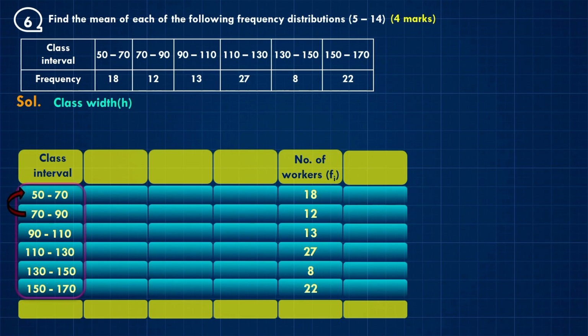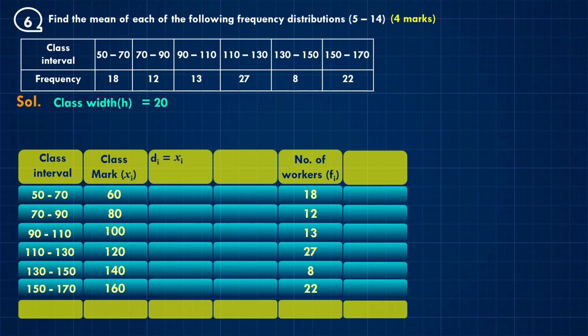Now the class width will be equal to 20, that is the difference of the subsequent lower limits. Then we have to calculate the xi, that is lower limit plus upper limit by 2. We got 60. Then just keep on adding the h value and we will get the next xi. So now in this way we got all the xi values over here.